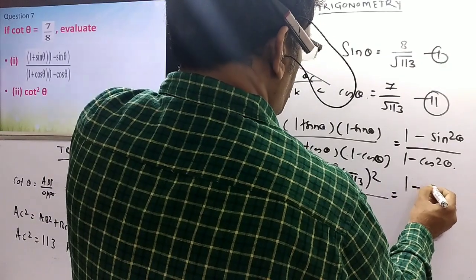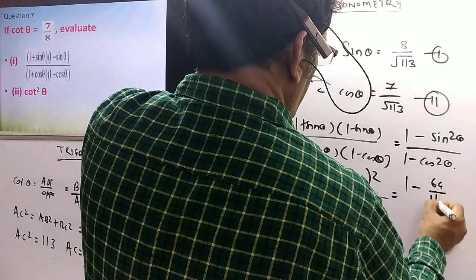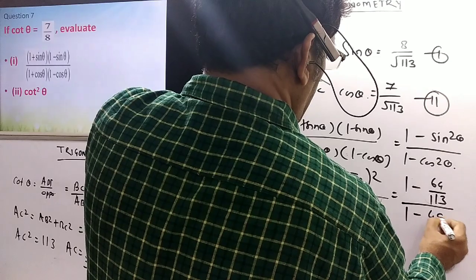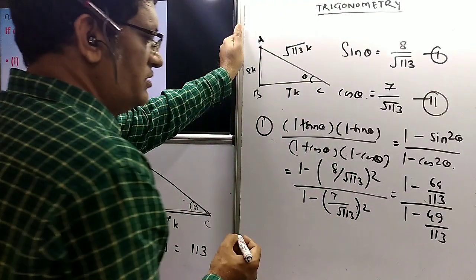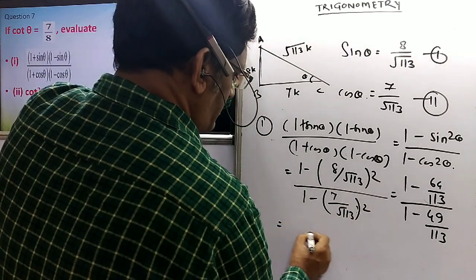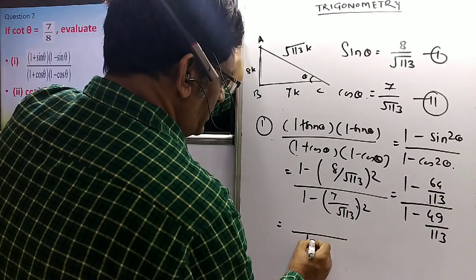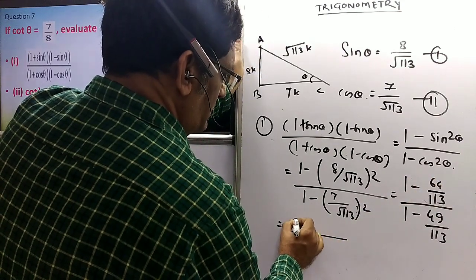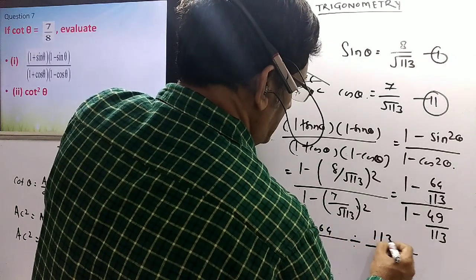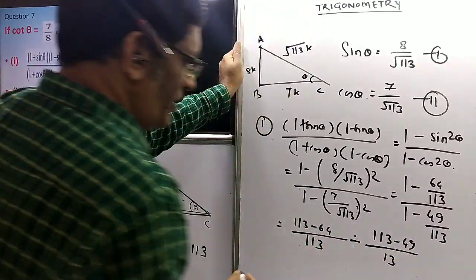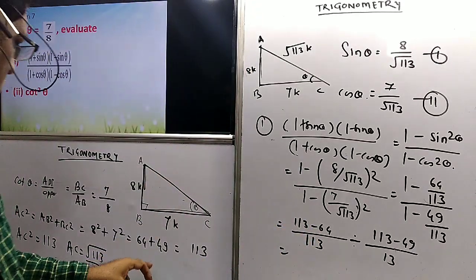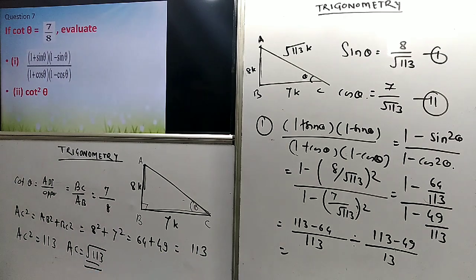So it is 1 minus 64 by 113, and 1 minus 49 by 113, since 7 square is 49. If you take the LCM, in the numerator that is 113 minus 64 over 113, and in the denominator 113 minus 49 over 113.